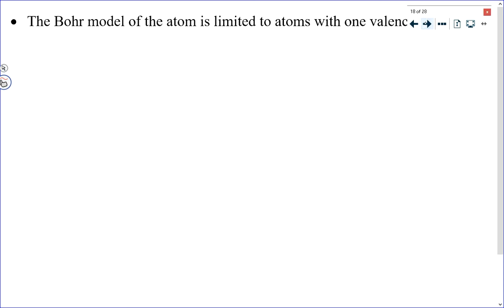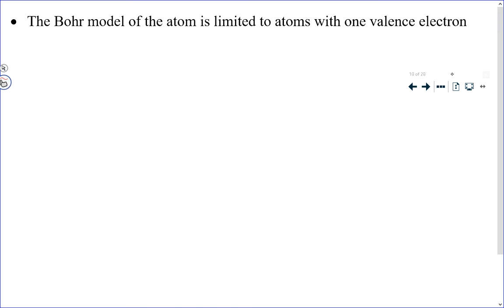So why do we need a new model of the atom? Well, the whole idea of line spectra being related to energy levels within atoms is true for every single atom on the periodic table. But the Bohr model is only able to figure out what the energy levels are for those group 1A elements on the periodic table.